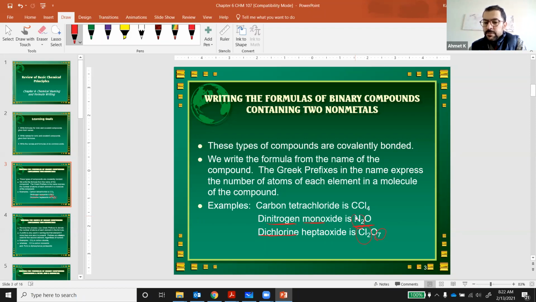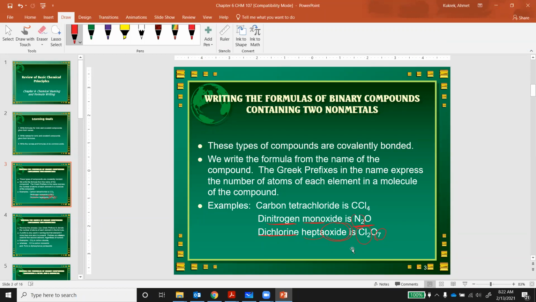The prefix for 7, we already learned, is hepta. And now oxygen becomes an oxide, because it's an ion now, an anion. Make sense? Yes. Yep. All right, very good.